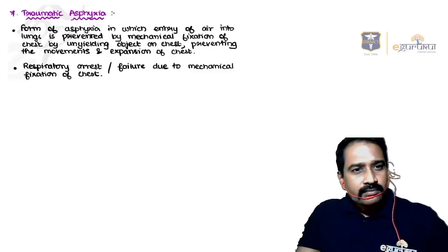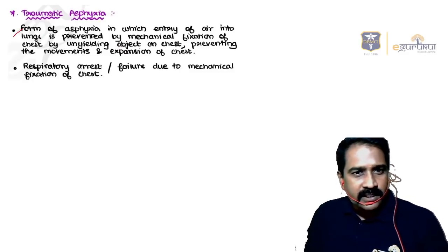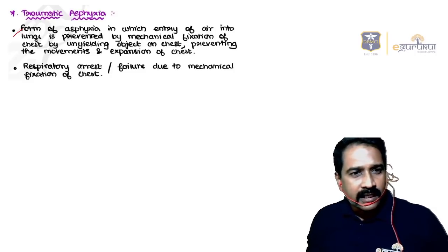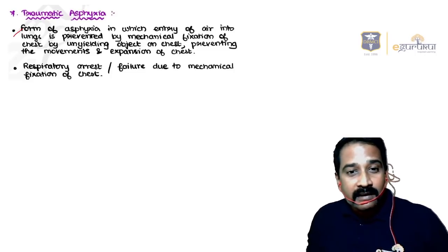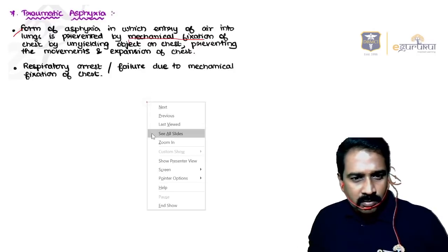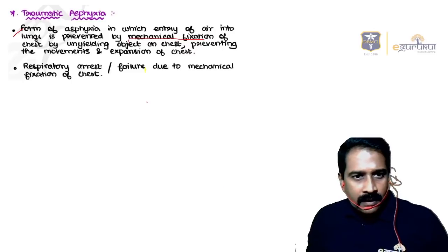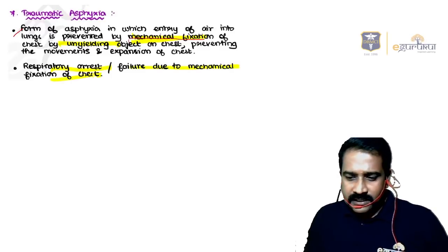Again, what is traumatic asphyxia? It's a form of asphyxia in which entry of air into the lungs is prevented by mechanical fixation, which is what we just discussed. Mechanical fixation of the chest, and respiratory failure due to it.